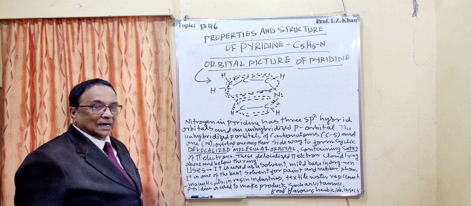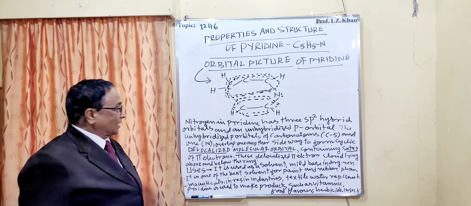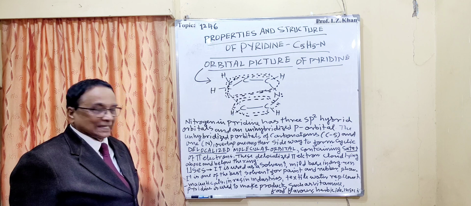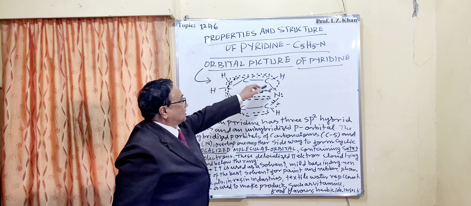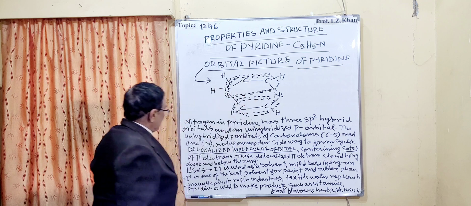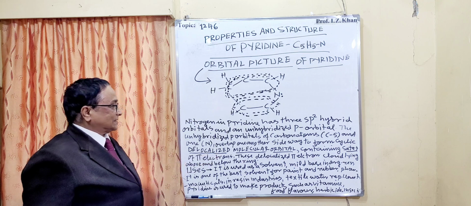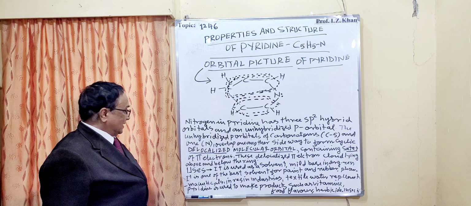So these orbitals form delocalized molecular orbitals containing the sextet of pi electrons. These are the sextet of pi electrons, which are delocalized above and below the ring, and this delocalized pi electron cloud lies above and below the ring.